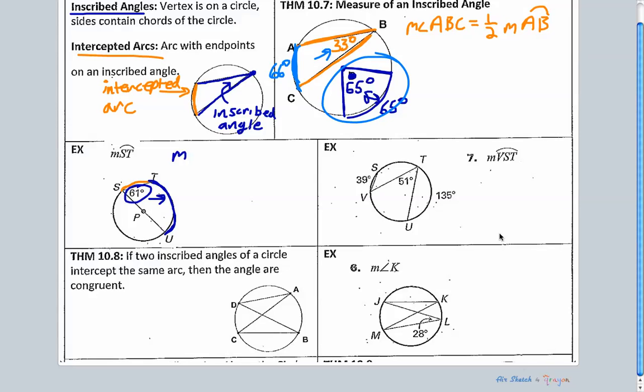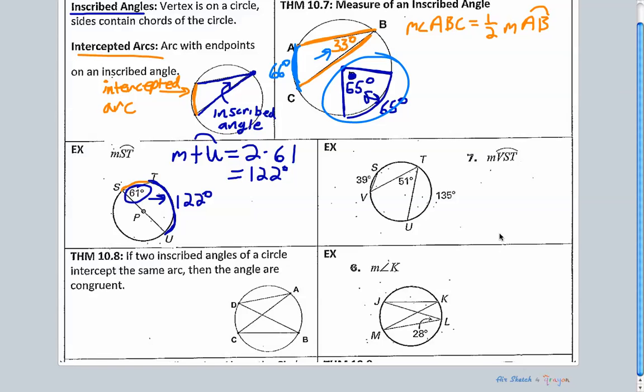So the measure of arc TU equals 2 times 61, which is 122 degrees. That means this arc is 122.